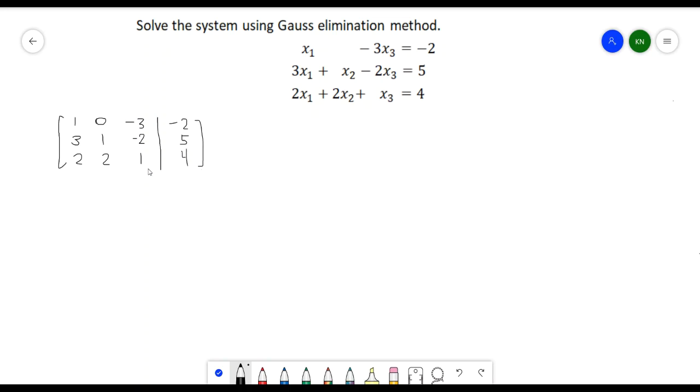For the Gauss elimination method, our objective is to retain the diagonal elements as 1. All the diagonal elements must be equivalent to 1, and the elements below them should be 0. Regardless of the values of the upper elements above the diagonal, that does not matter, so long as you get 1 on the diagonal and the elements below are zeroed out.